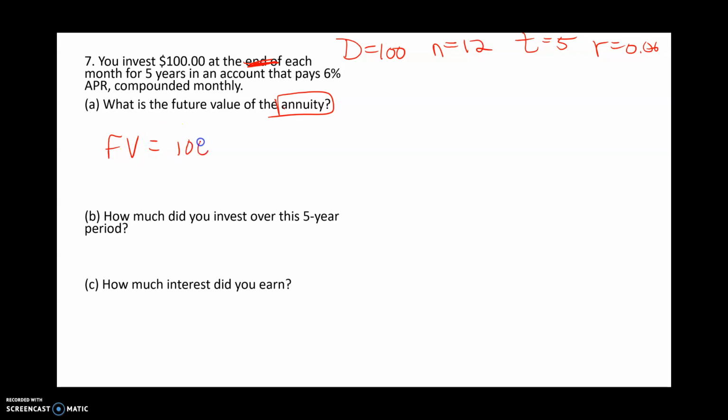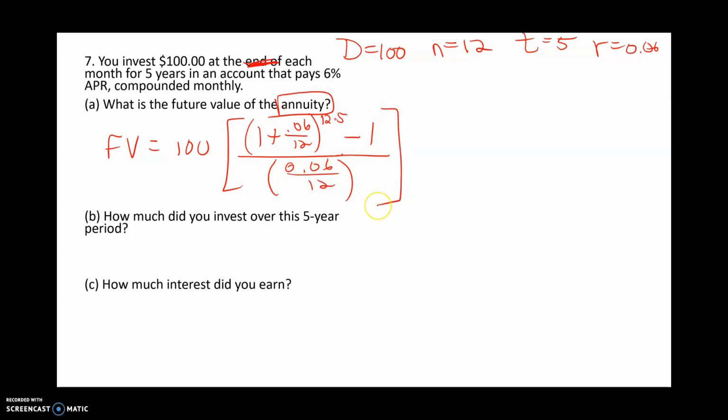The deposit, 1 plus 0.06 over 12 raised to the n times t, minus 1, over. You have to be really careful putting this in your calculator, okay?